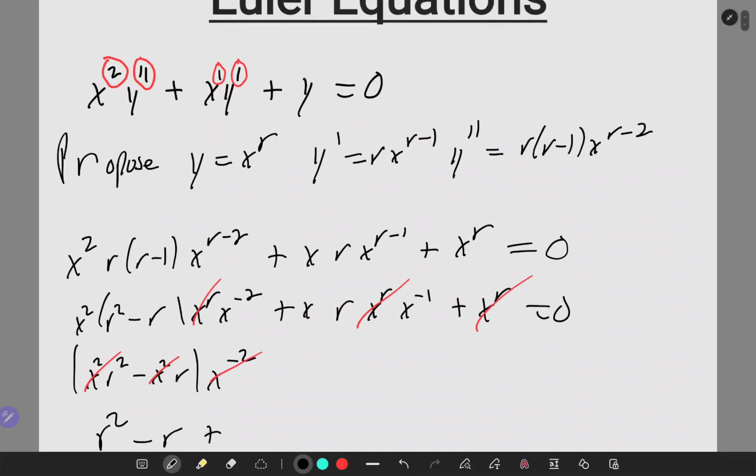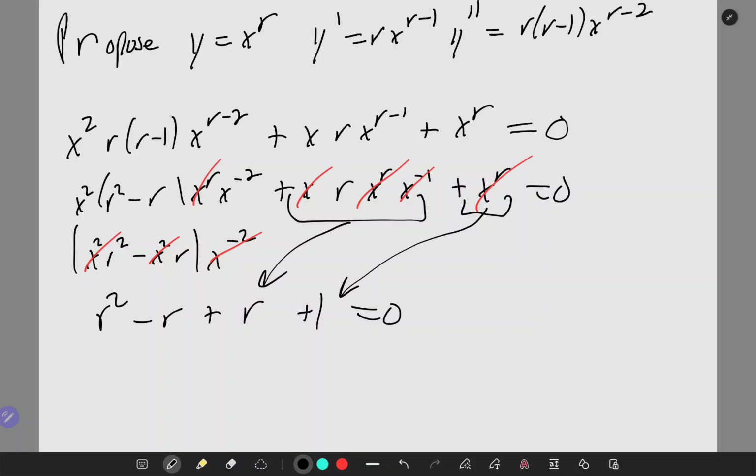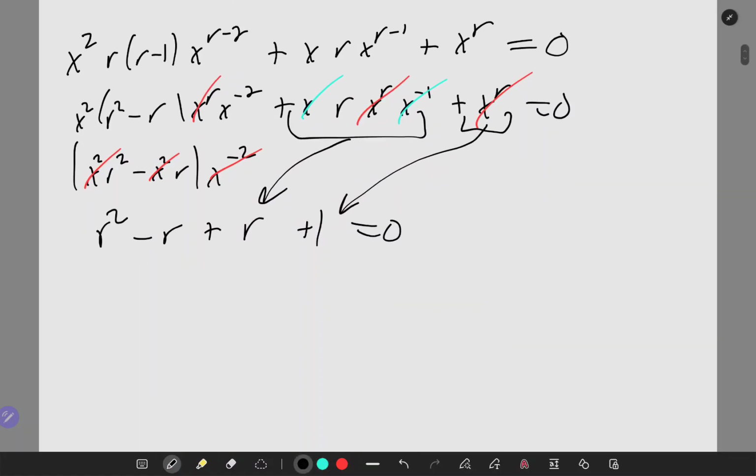So I confused myself there. If you notice, this and this cancel, plus r plus 1 is equal to 0, right? That comes from this. So this is this, this is that. Now let me change the color here so you can see that these cancel with that. Okay, anyways, we have r squared, those cancel, plus 1 is equal to 0.